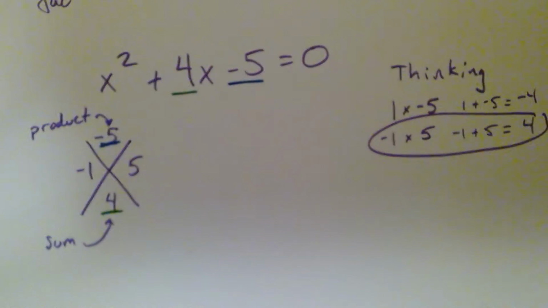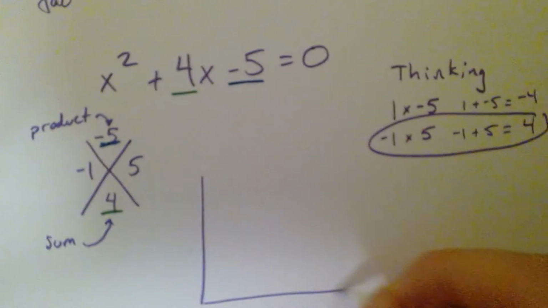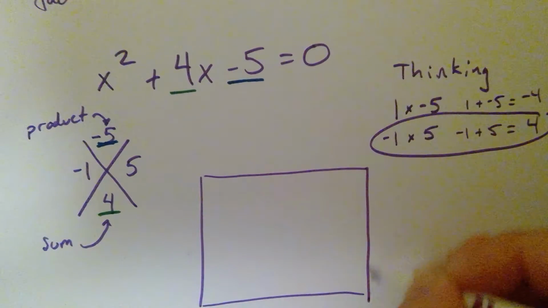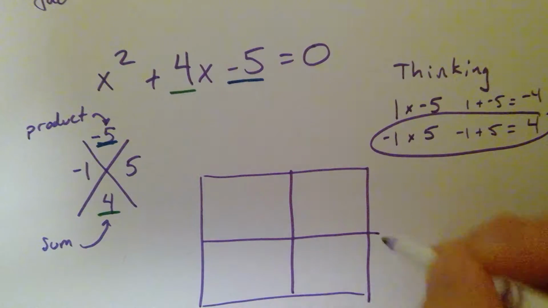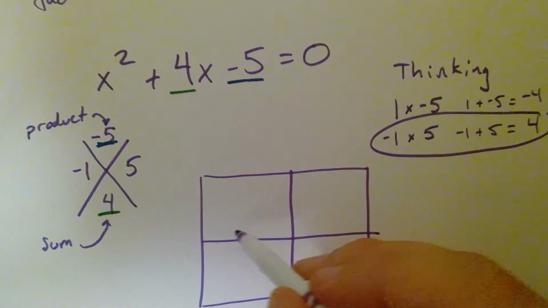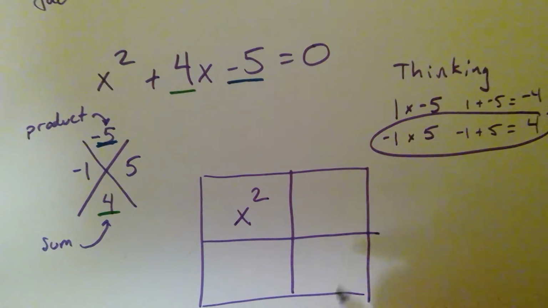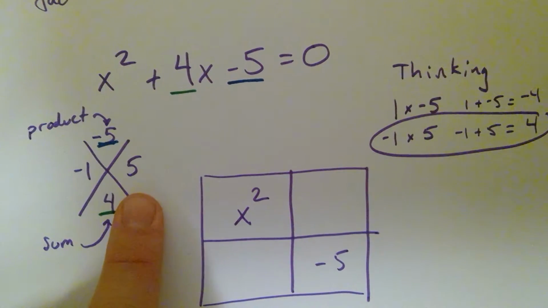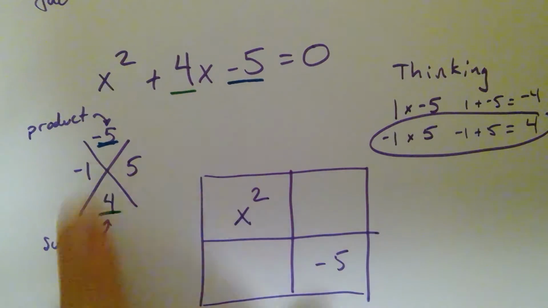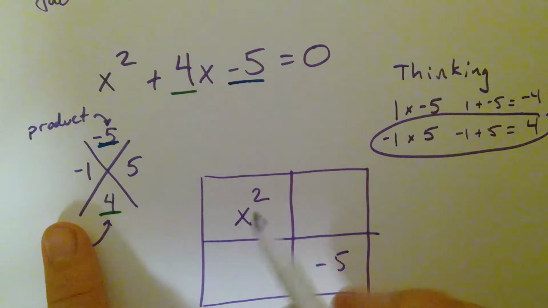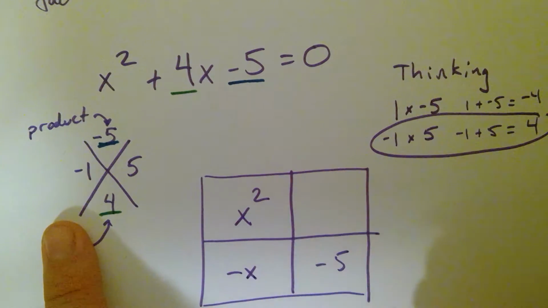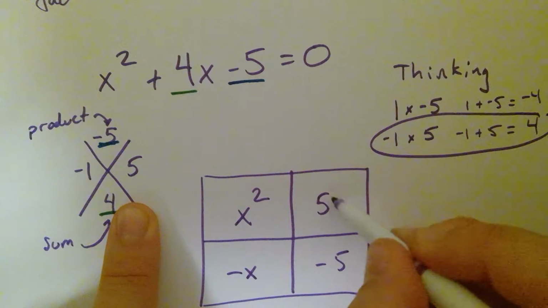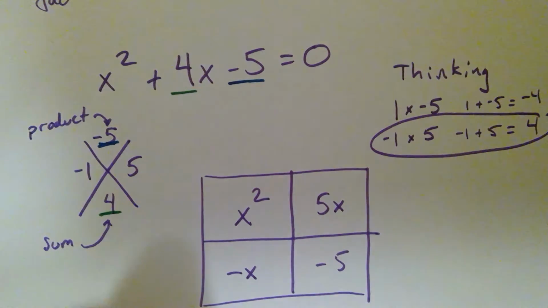Now we're going to go ahead and make a box. My first term, x squared, goes here. My last term, -5, goes here. Now notice how -1 and 5 add up to make 4x. So I'm going to take -1, so I have -x, and 5x. And now we're going to factor out.